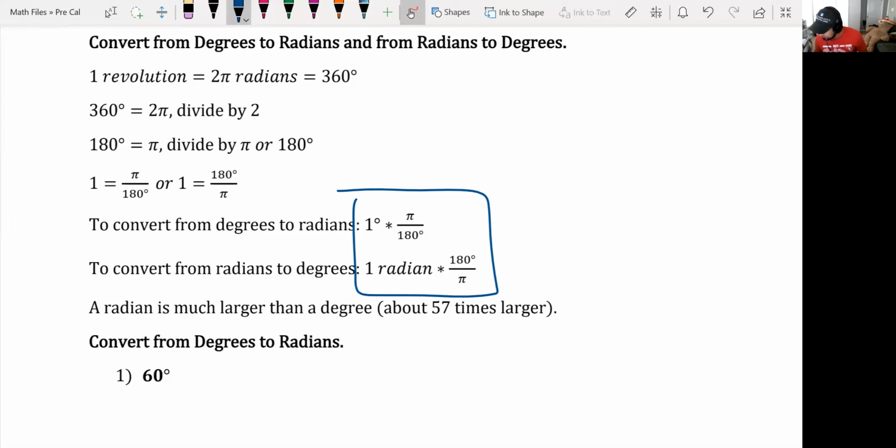It's 180 over pi, and 1 radian is approximately 57.295 degrees. That just shows you how big a radian is compared to 1 degree, right?